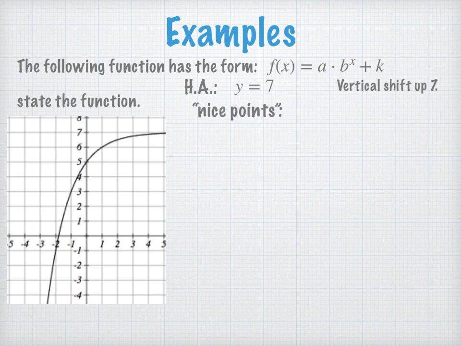Next, we're looking for our nice points. Where are the nice looking points? Well, 2 nice points that I'm going to use here for this example are -1, 3 and 0, 5.